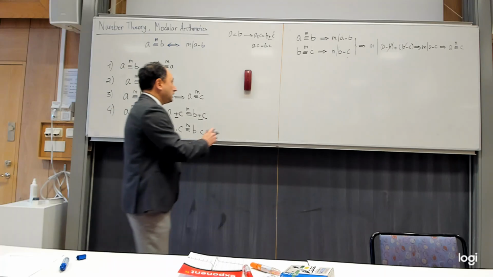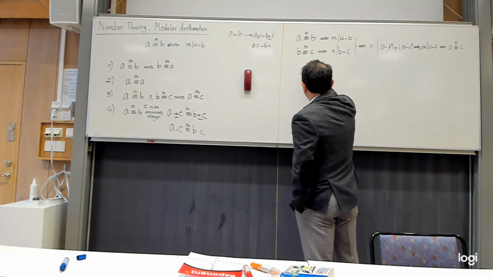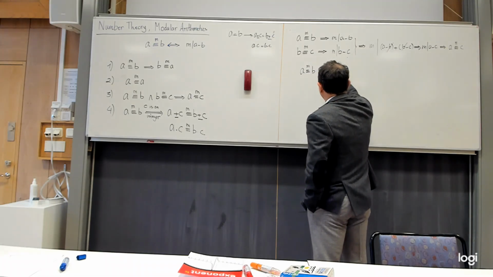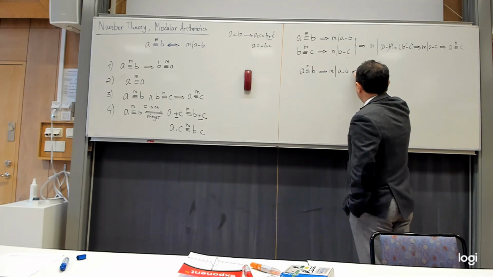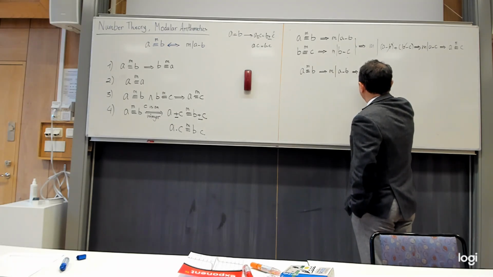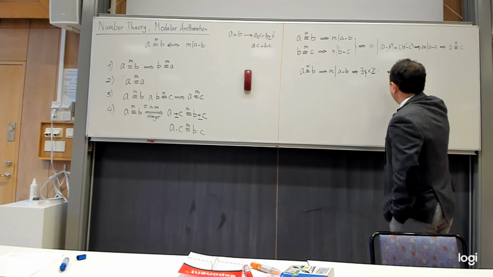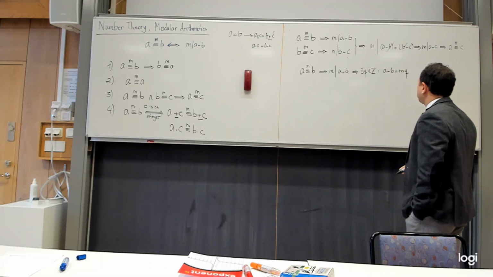So you are telling me that A is congruent to B modulo M. I can immediately, by definition, conclude that M divides A minus B. So this means that there exists a Q in Z such that A minus B is M times Q. Yes?